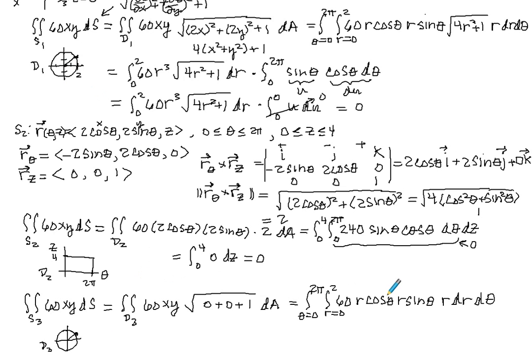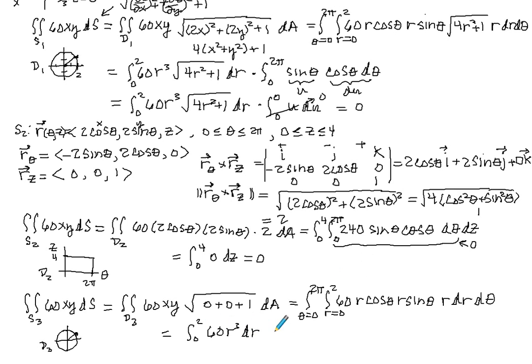So then we can separate the two integrals again, like we did up above. The r integral is going to be 60 r cubed dr, so this is going to be the integral from 0 to 2 of 60 r cubed dr. So we got that one. And then what's left is the theta integral, if we pull the sine theta, cosine theta out into the theta.